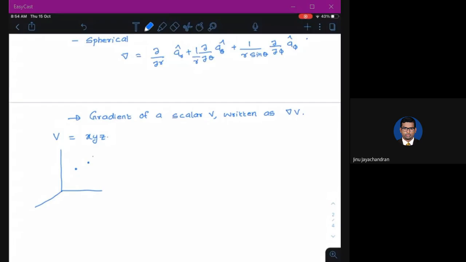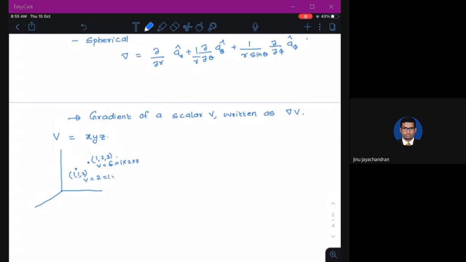So let's say this point is 1, 2, 3. So the v at this point is 6, which is a scalar. It has only magnitude. Let's say this point is 1, 1, 2. So the v at this point is 1 into 1 into 2, that is 2. So this is 1 multiplied by 2 multiplied by 3.